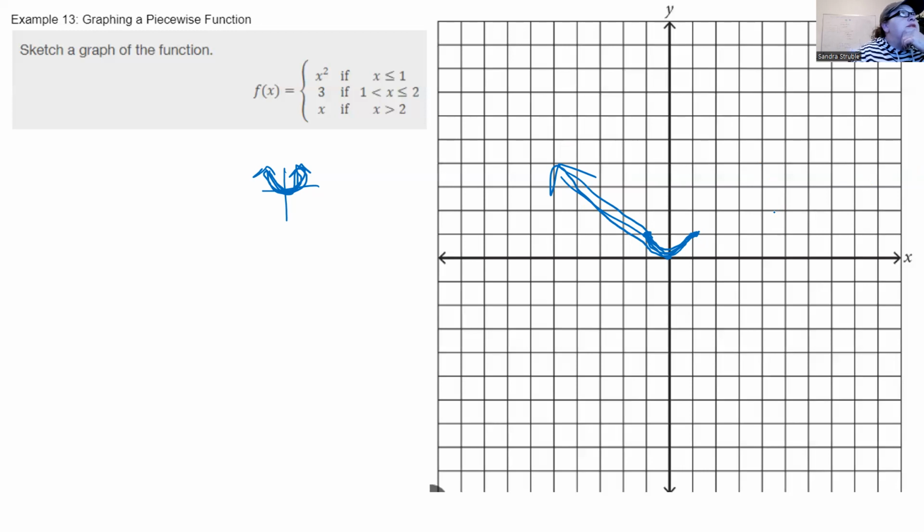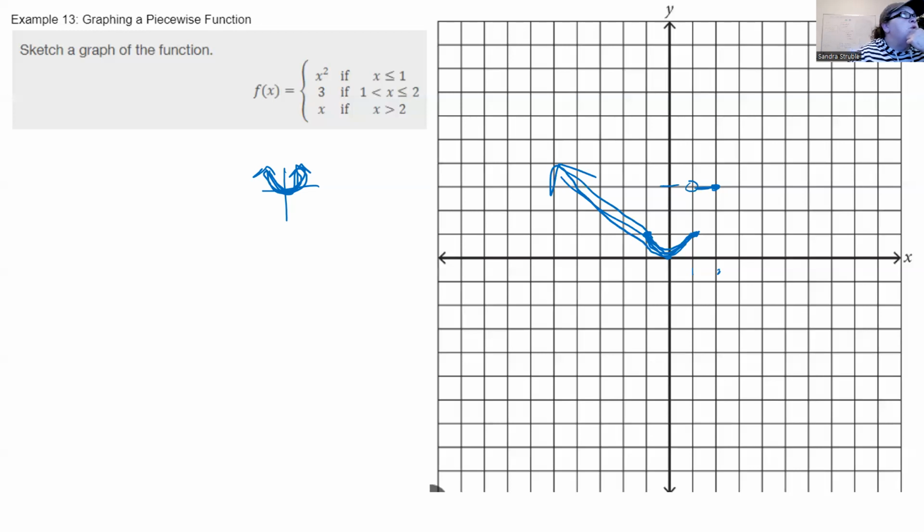The second piece is y equals 3, which is a horizontal line at 3. So 1, 2, 3, but it's only from 1 to 2. So if this is 1 and this is 2, 1's not included, but 2 is. So it's just that.